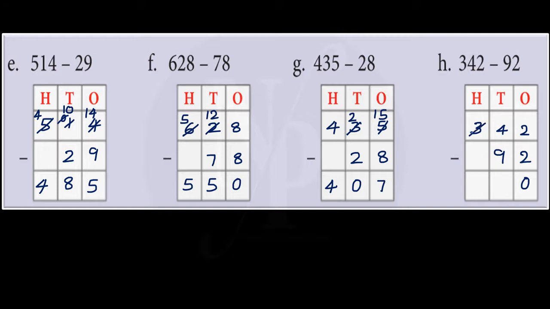We will regroup the digits. We make these 300s as 200s, and on borrowing, these 4 tens become 14 tens. Now subtracting 9 tens from 14 tens, we get 5 tens. Here 2 hundreds are left. Therefore, 342 minus 92 is equal to 250.